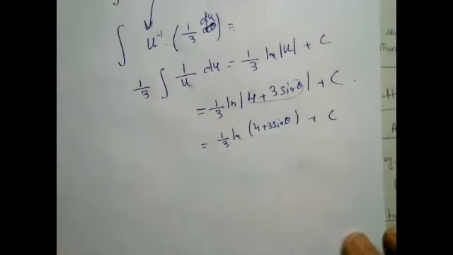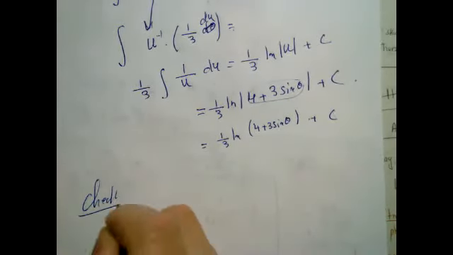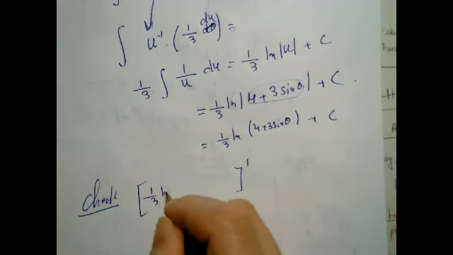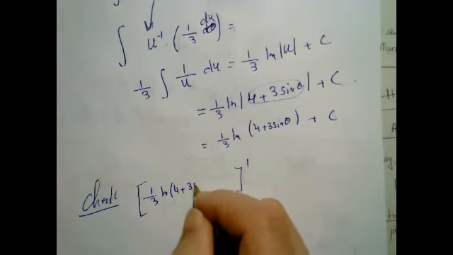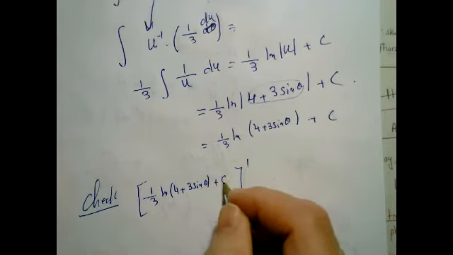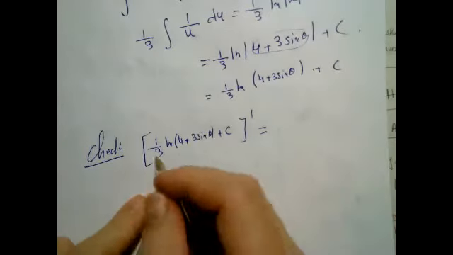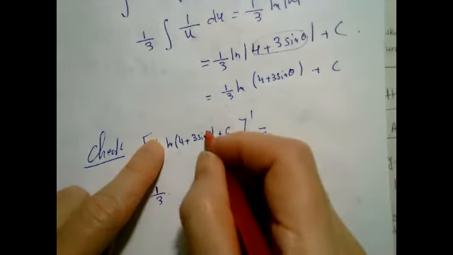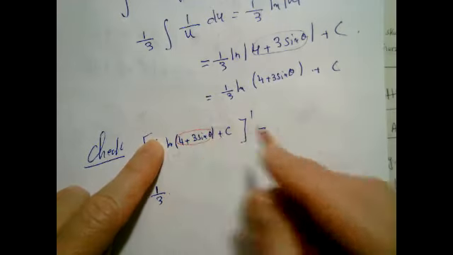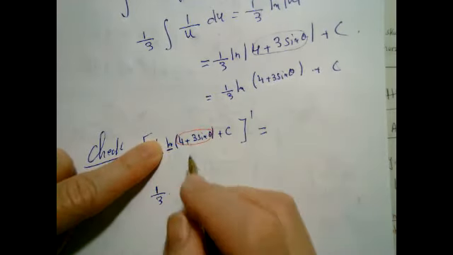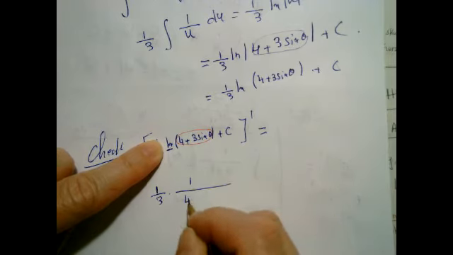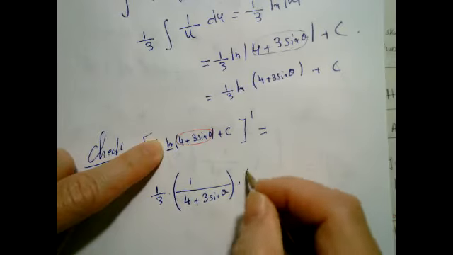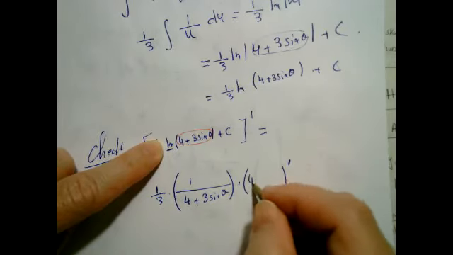Now we check by taking the derivative here. If I take the derivative of my answer, let's see what I get. 1/3. Derivative of ln, let us remember the chain rule. This is an inside. So the derivative of the ln is the derivative of the outside evaluated at the inside, and you multiply it by the derivative of the inside.